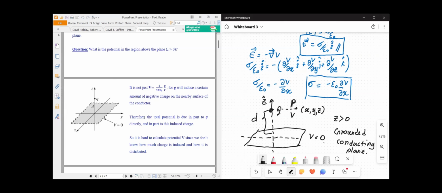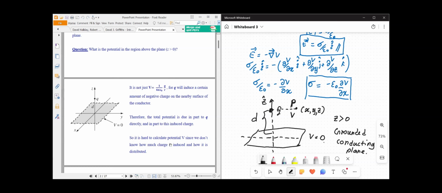Now in a situation like this, the total potential is due in part to charge Q directly. There is a potential from this charge Q, and also the potential will depend on the induced charge on this conductor surface.